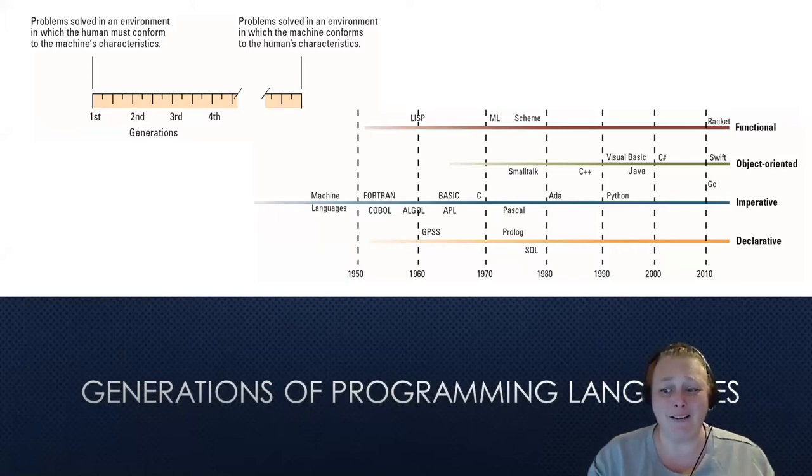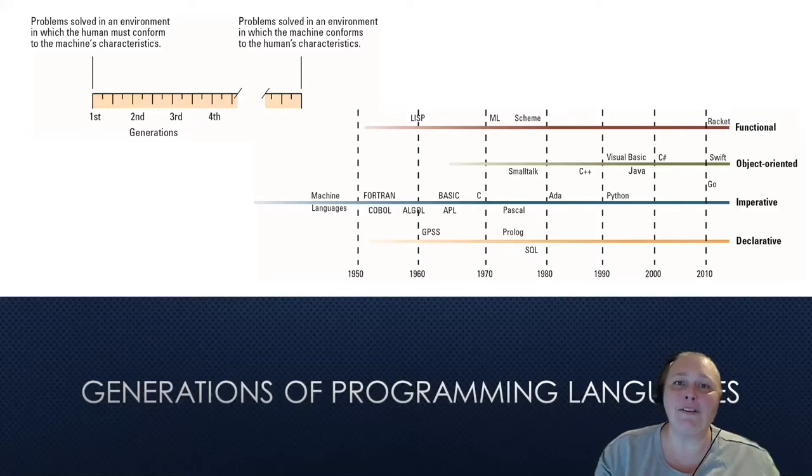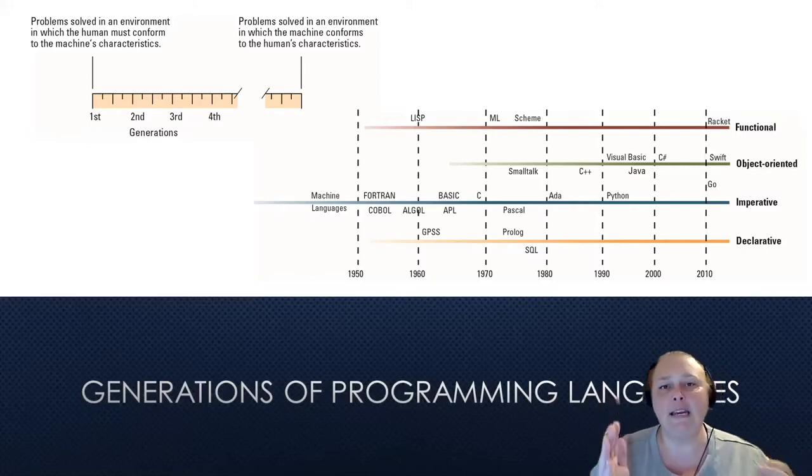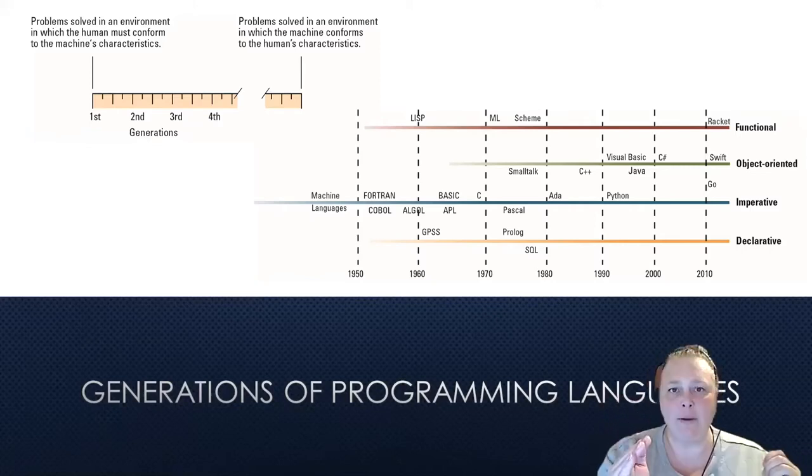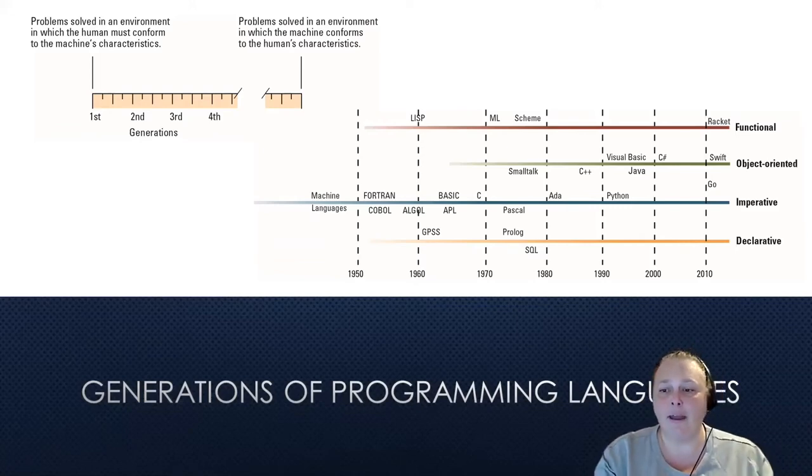They're really not linear, that's not really what happened, but let's go with linear for now. The lower numbers are closer to the binary of the machine, and the higher numbers get as close to natural language, or what a human would speak, as possible. Again, it didn't happen in a straight line.